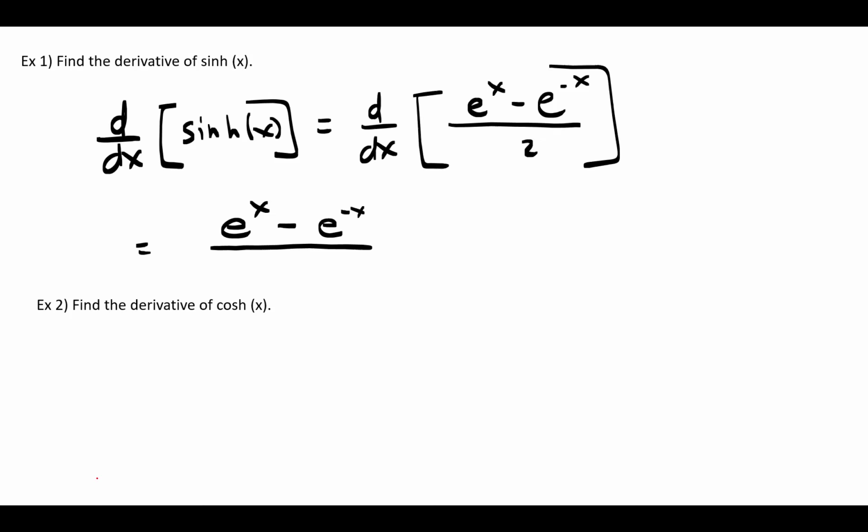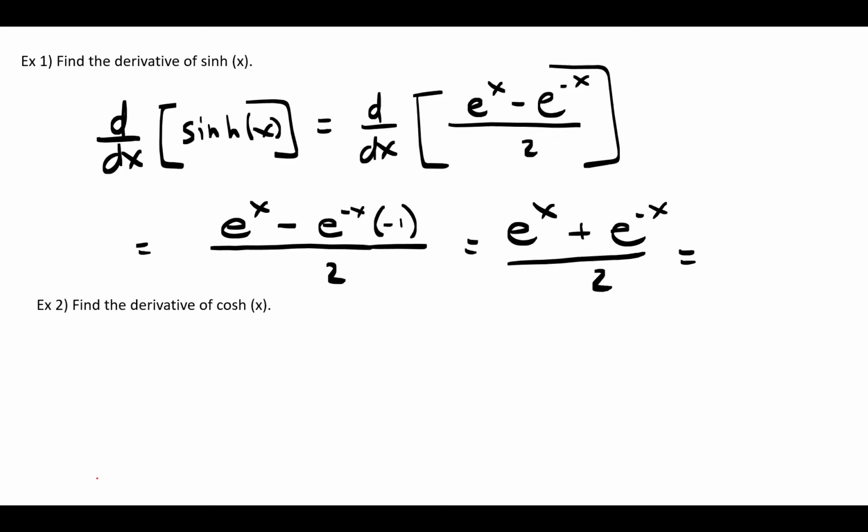It is e to the negative x because it's its own derivative, and then the derivative of negative x is negative 1. So then we get something that looks like this. By definition, what is this? It's cosh. Absolutely. So we just proved the derivative of sinh is cosh.